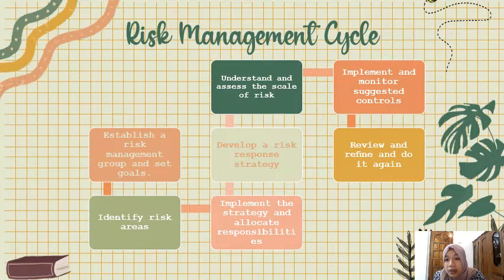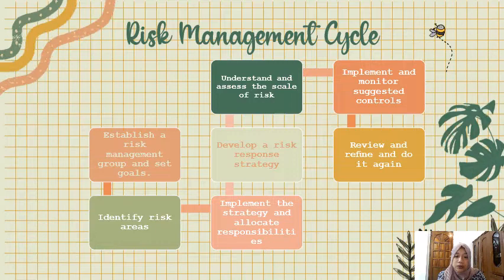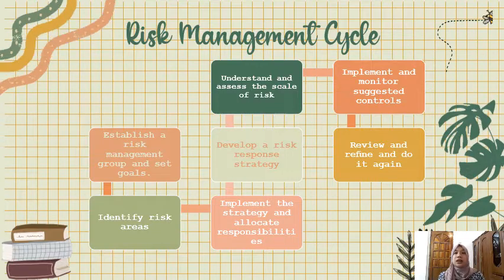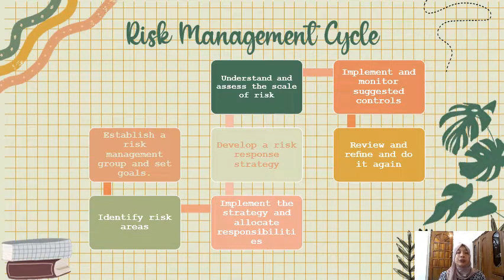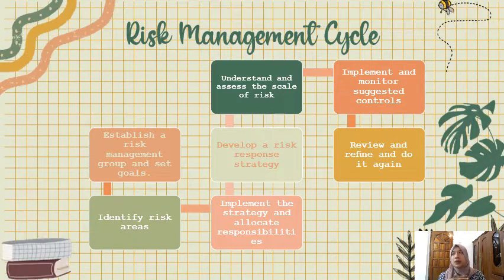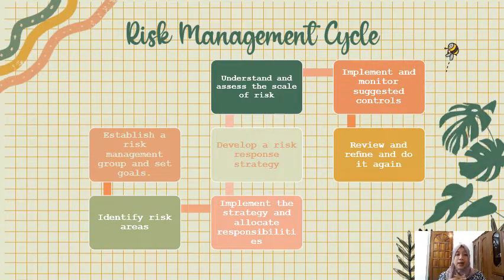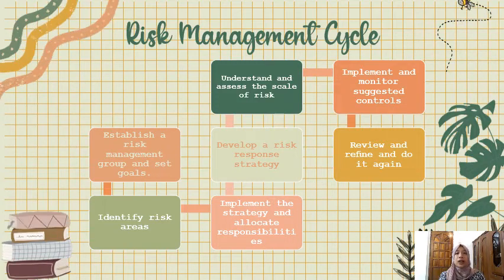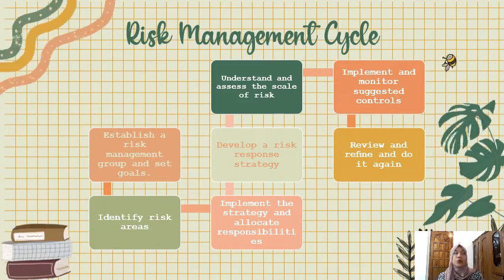Next, under the review and refine and do it again step, is the information for decision making. Since we will be doing it again, there is an information for decision making stage.